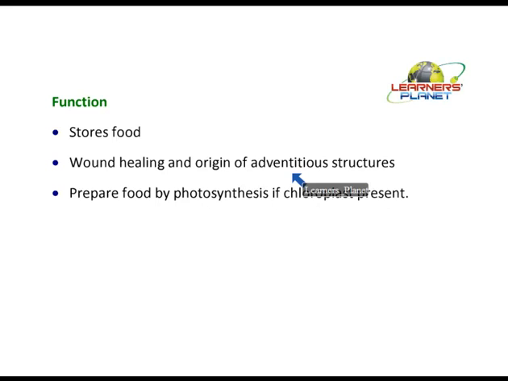Now these can also help in the photosynthesis process only when they contain chloroplast. Why are we saying this? Because it is not necessary that all the parenchyma tissue or parenchymatous cells contain chloroplast. The one which contains the chlorophyll or the chloroplast, of course they are going to support the photosynthetic reaction.